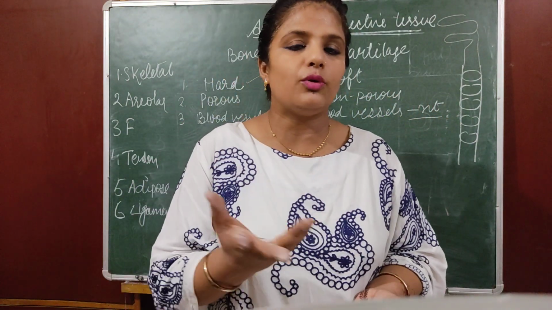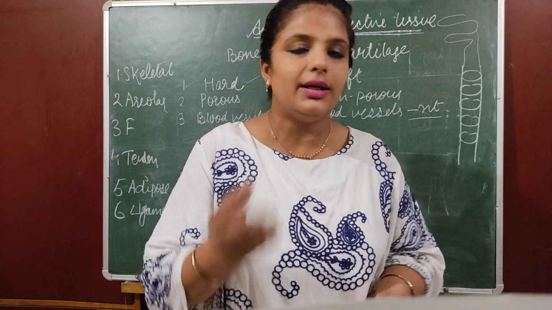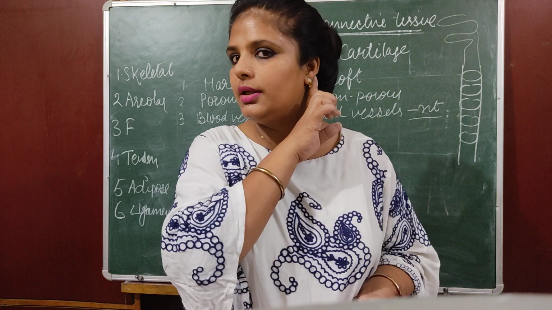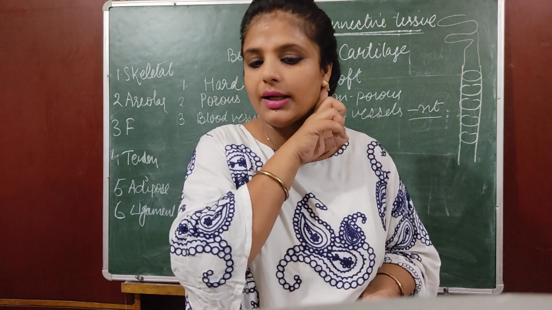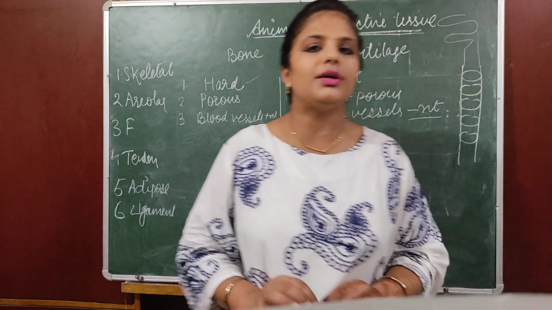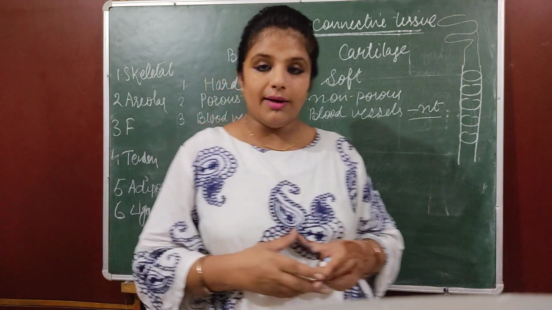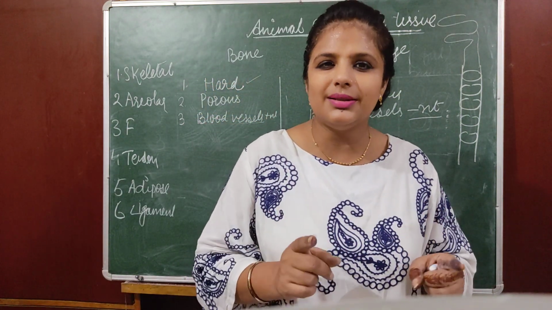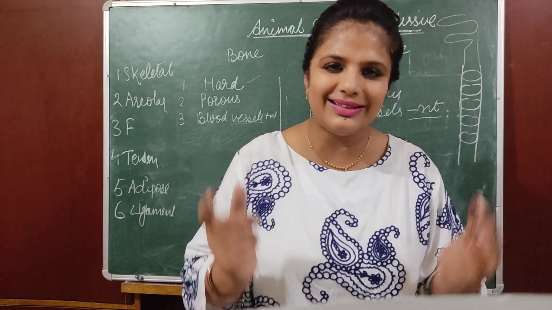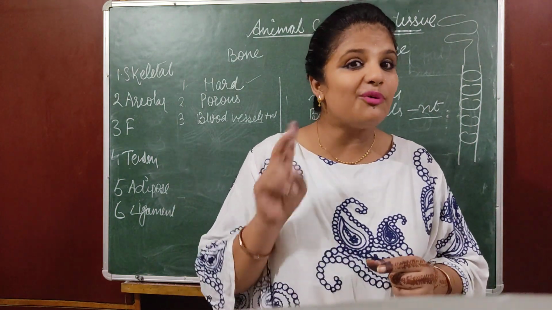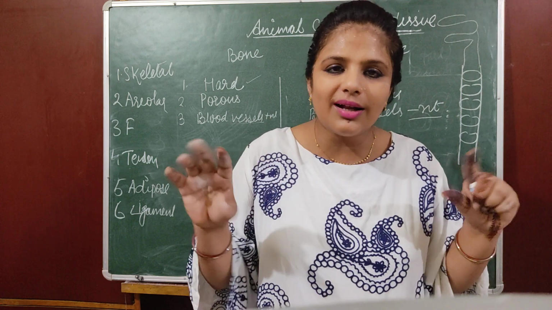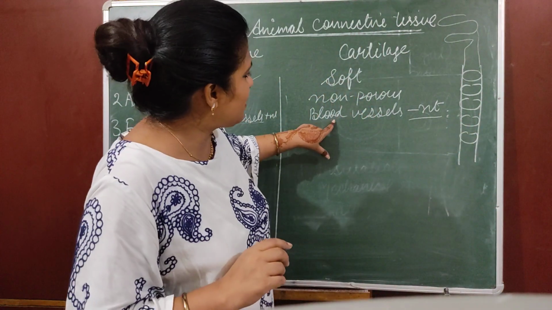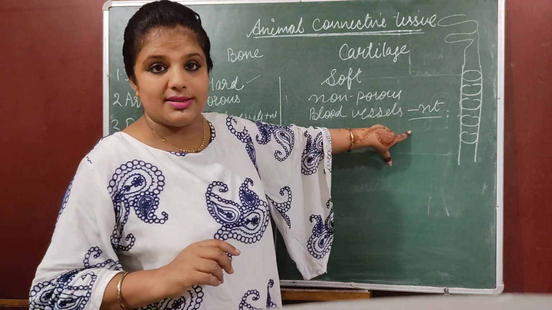Like cartilage, where did I tell you cartilage is mainly present? Cartilage is present on your nose tip. Your ear pinna is made up of cartilage. In Hindi, many times we learn this idiom, your nose and ears will be cut off. It means the people who designed these idioms were aware that if you cut the nose and ears, bleeding is not going to happen because this part does not contain blood vessels.